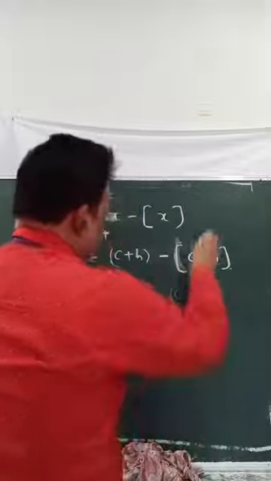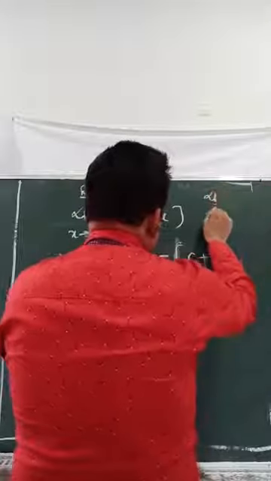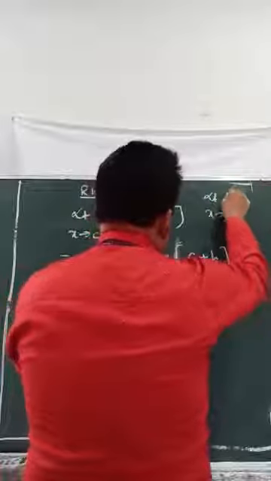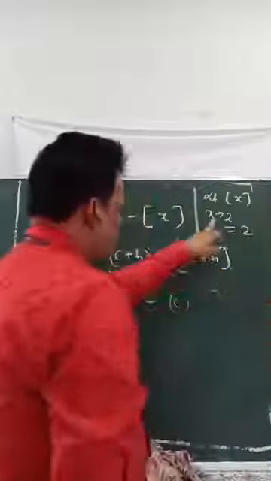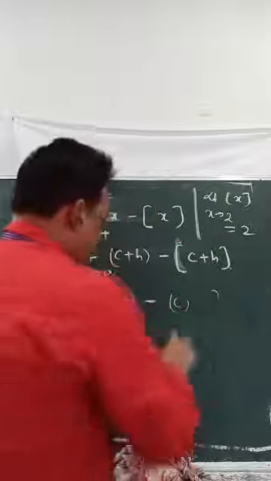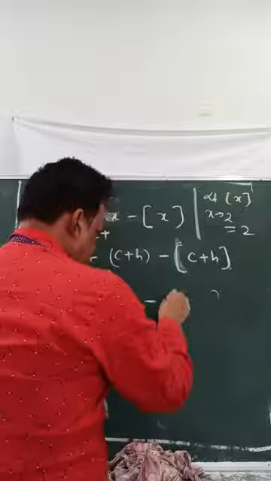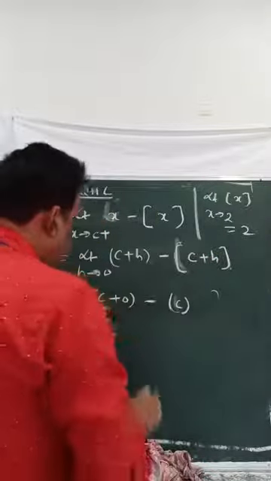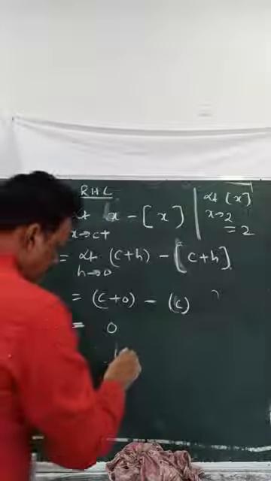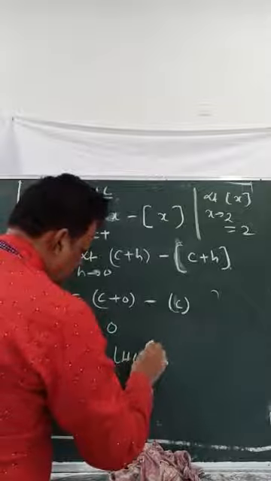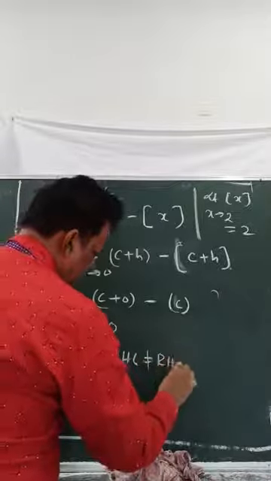You can check the right hand limit, I have taken there, limit x tends to 2 of box of x was 2, the same value, so here is the same value. So c is cancelled, the value is 0. Therefore, our left hand limit is not equal to the right hand limit.